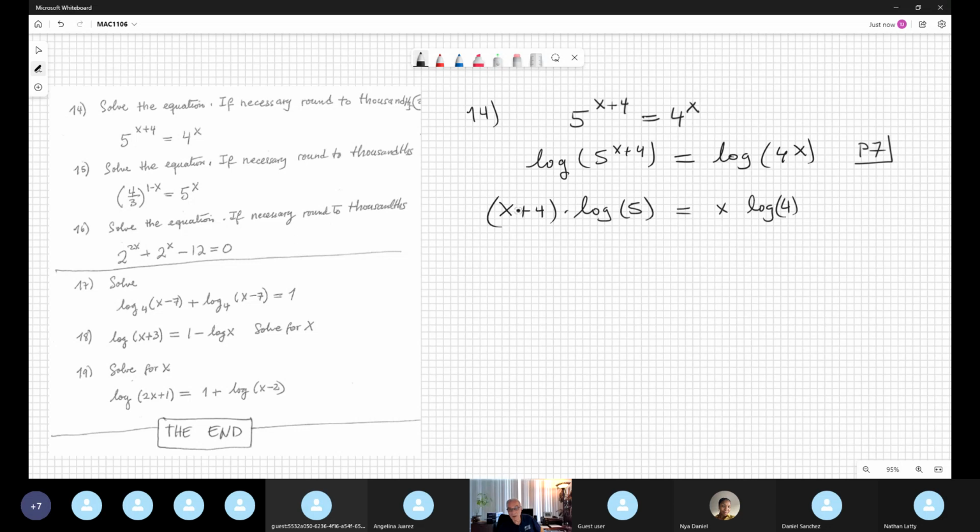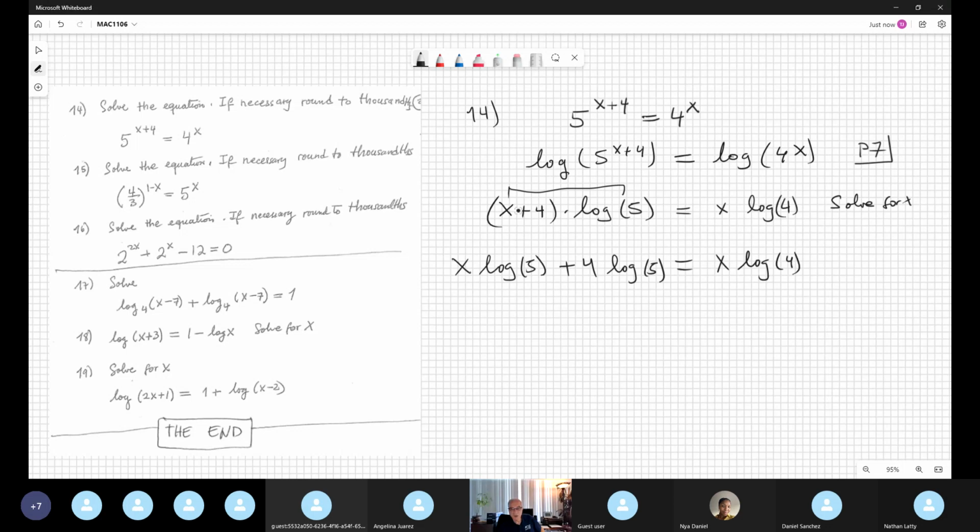And remember, what is my goal? My goal is x, so solve for x. So you apply the distributive property: x times the logarithm of 5, which is just a number, a weird number I know, but it's a number. So it's x times logarithm of 5 plus 4 times logarithm of 5 equal to x times logarithm of 4.